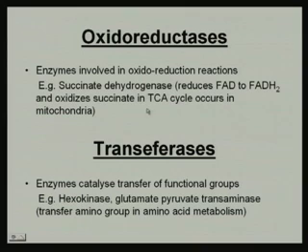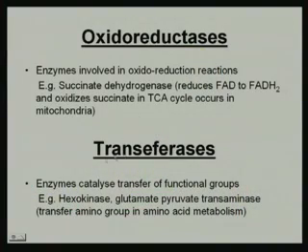I will be coming to this particular step in subsequent classes when I talk to you about the citric acid cycle. So, this is one example of the oxidoreductase group of enzyme. As a whole, any dehydrogenase group of enzyme and any kinase group of enzyme belong to this oxidoreductase group of enzyme.